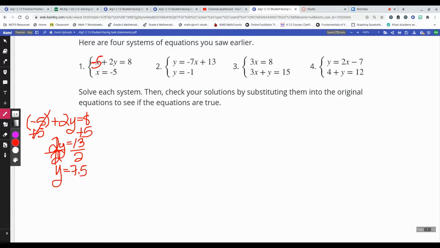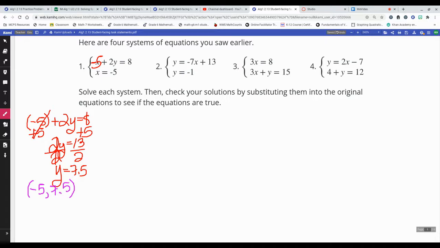So if we were to graph that system of equations, the point at which these two lines would meet is -5, because it's the x value. Remember, ordered pair, so the order matters. And then 7.5 for the y. So that's where they would meet.